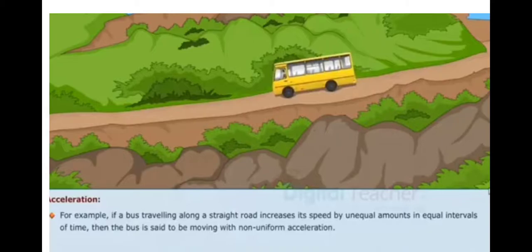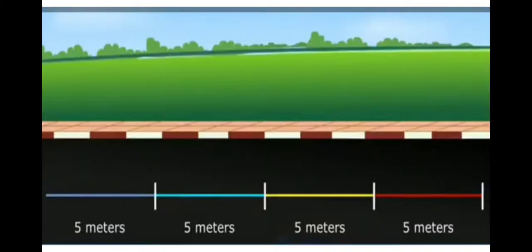Now let us derive the equations of uniformly accelerated motion. Consider the motion of an object along a straight line with constant acceleration. Then the acceleration of the object is shown on the screen.